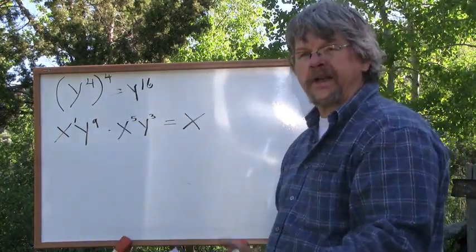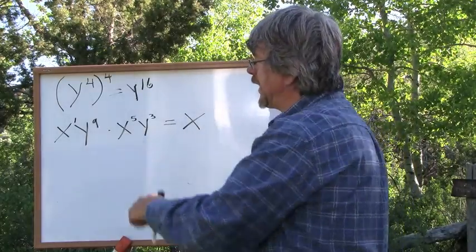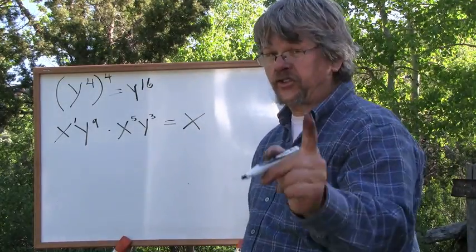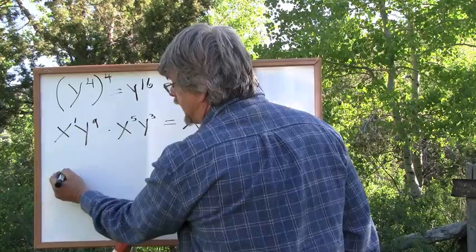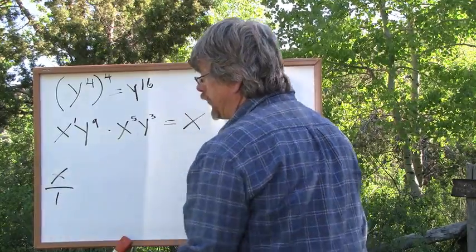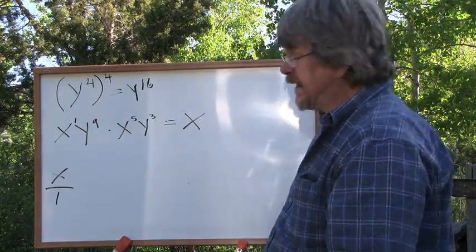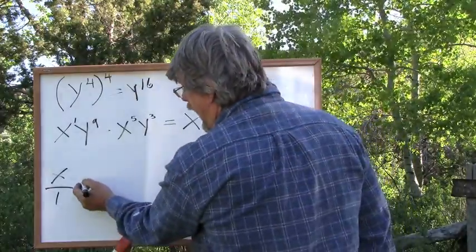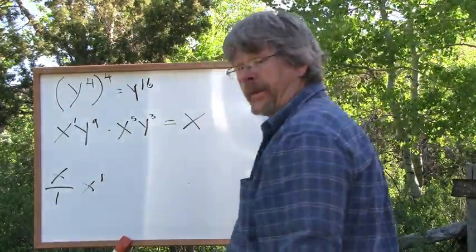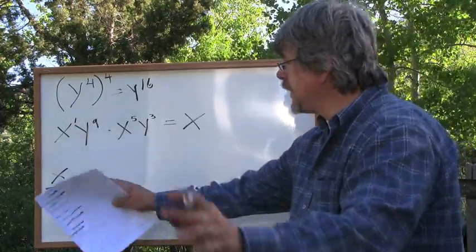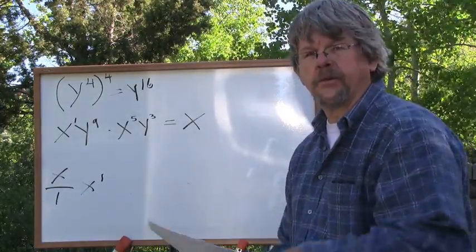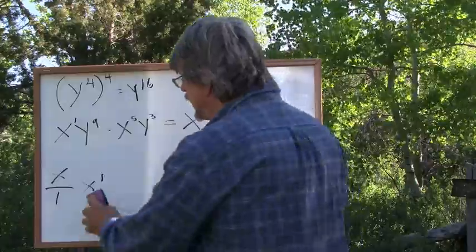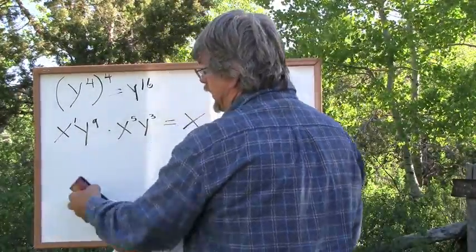Any variable by itself has that one exponent, just as surely as any variable by itself is over 1. It's automatically a fraction, but it's automatically an exponent also in any number or any variable. And you want to keep that in mind so that you can do the proper counting.